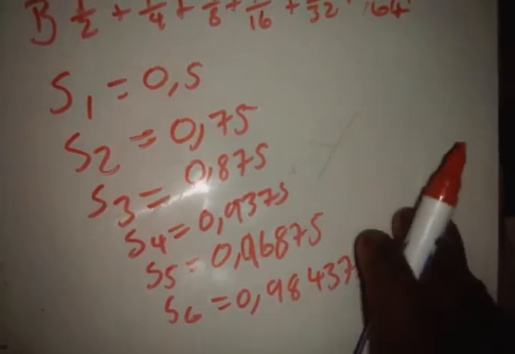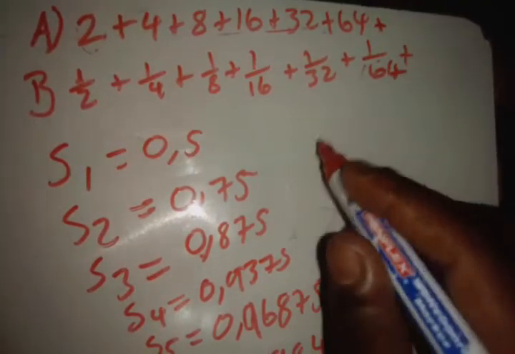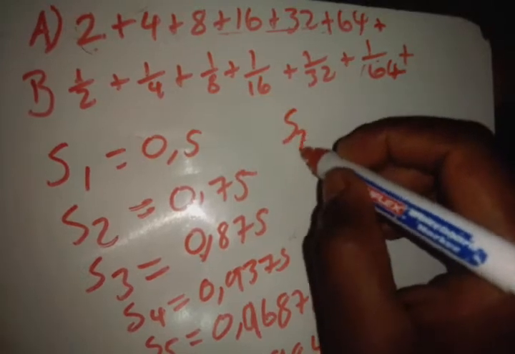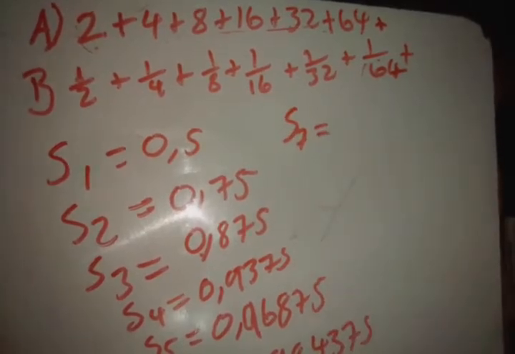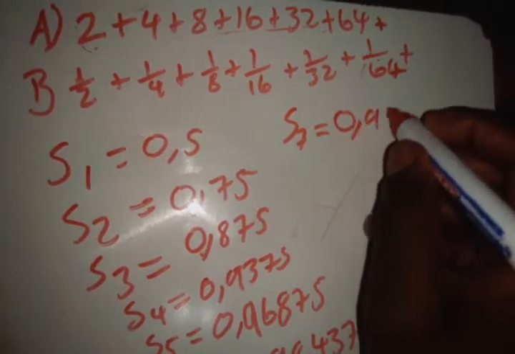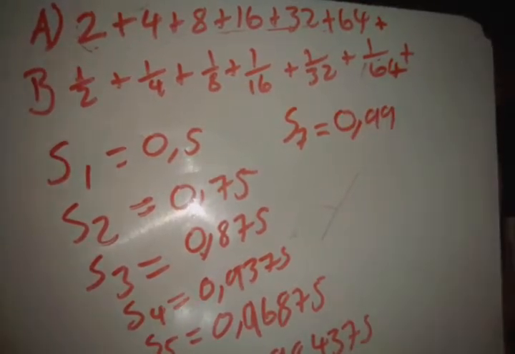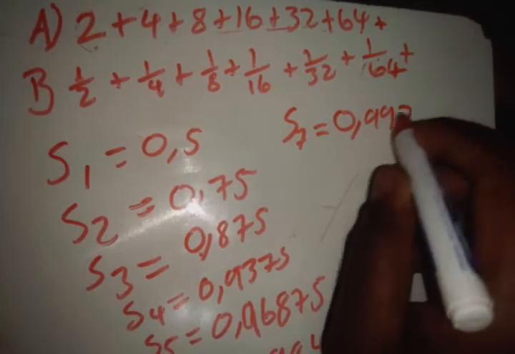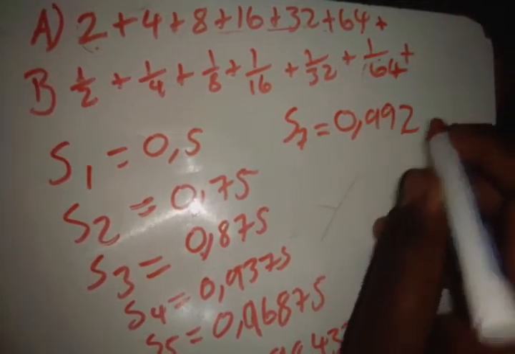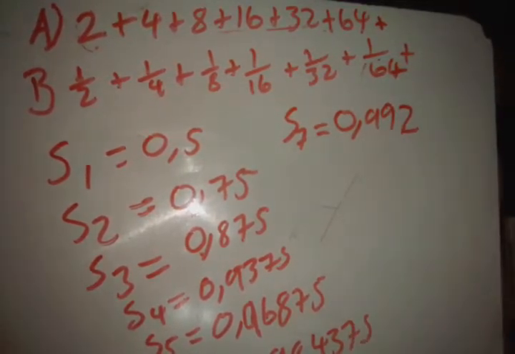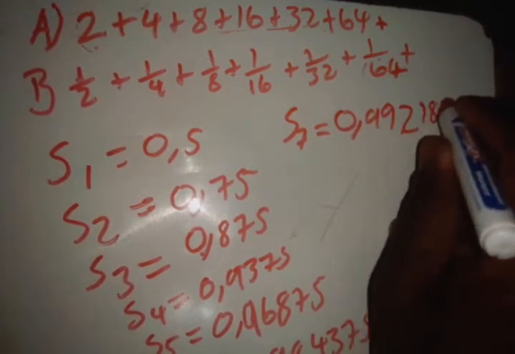The next term after 1 over 64 is 1 over 128. So the sum of 7 terms is plus 1 over 128, so it's going to be 0.99. It just continues, right? Let me just write it all out.